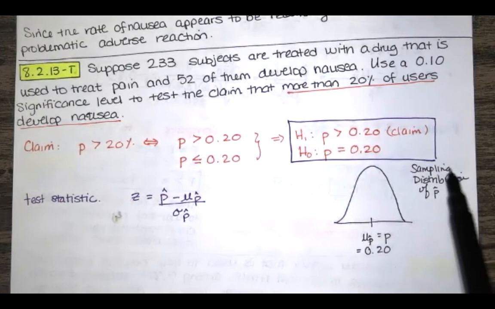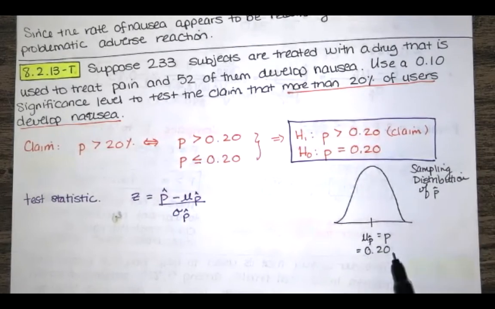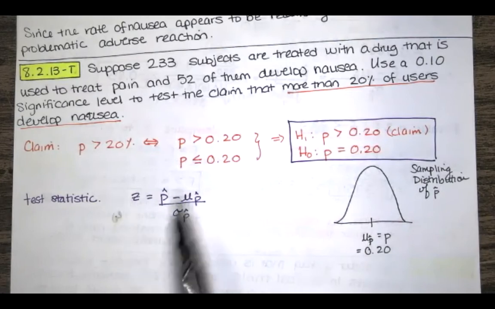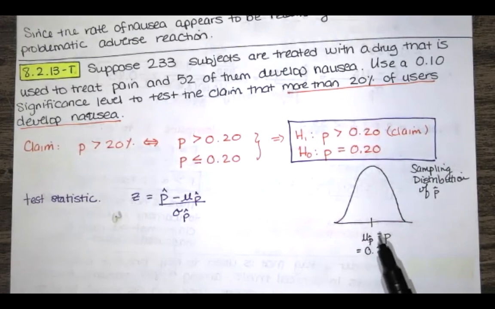So we're saying, okay, if this is our sampling distribution and this is our assumed mean, where is p hat relative to this mean? And then we're saying, okay, if this is a non-standard normal distribution approximately, what is the corresponding z-score? So if we converted from a non-standard normal distribution to a standard normal distribution, what would that z-score be? Or how many standard deviations would that p hat be above or below this mean?